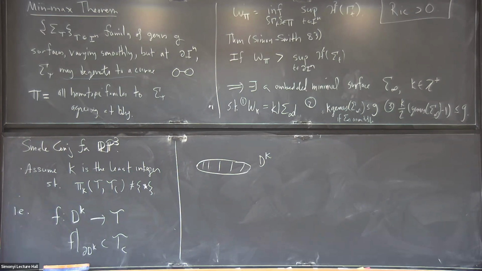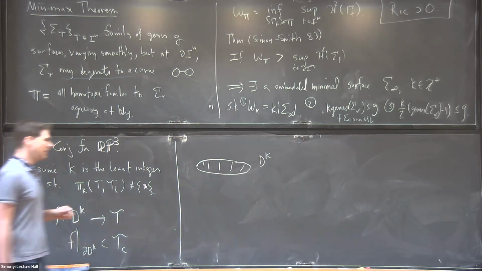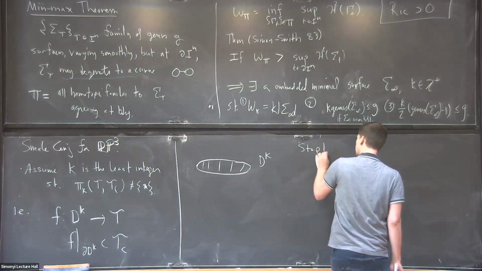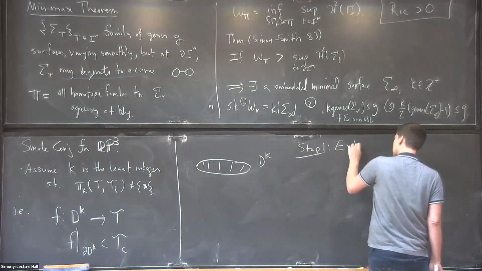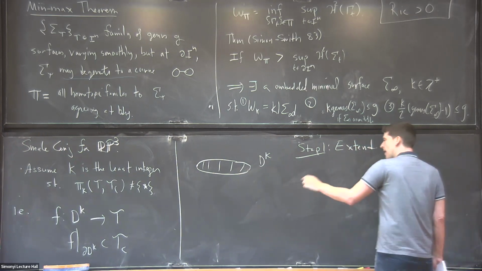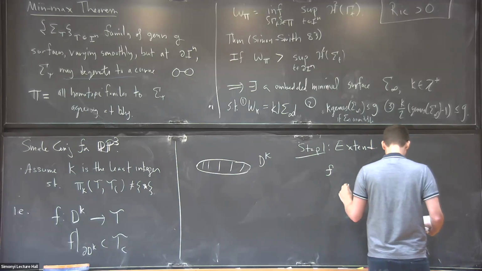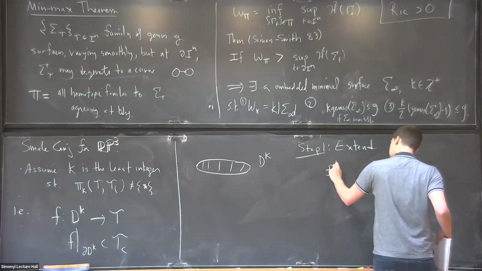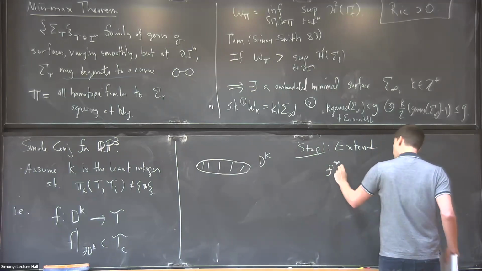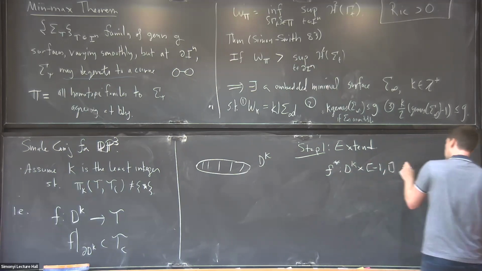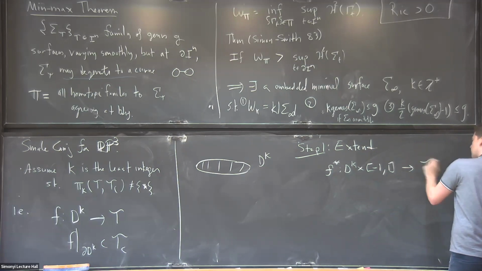Okay, so the first key idea, step 1, is that we extend this map F to be a map from a cylinder. So we have this extension, I'll call it F star, from the k-disk across the interval into, again, the space of tori.